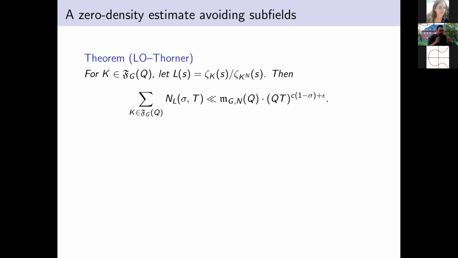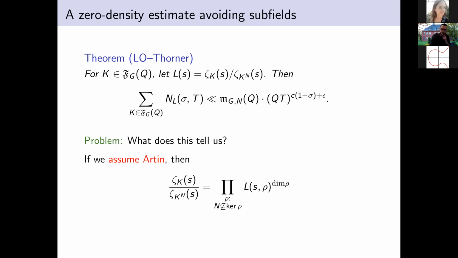It's not actually obvious what this tells us. The entire approach to this effective Chebotarev density theorem, from the previous slides, is that you can transfer a zero density estimate for zeta K to the Artin L functions and then understand these inner products. Well, if we're willing to assume the Artin conjecture, it's pretty clear what this should tell us.